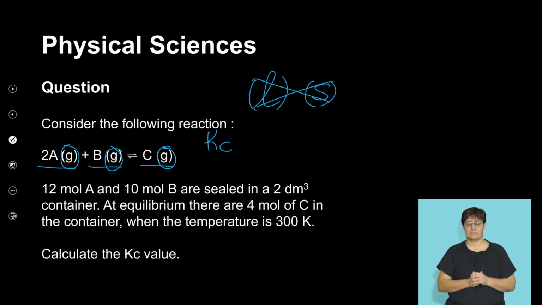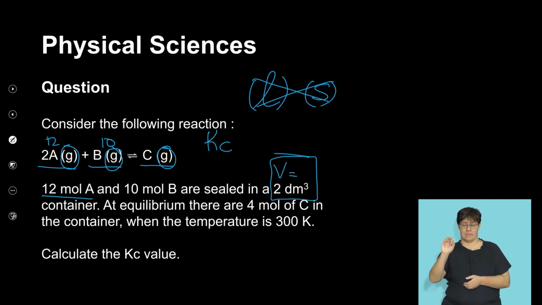They say to us further that we have 12 mole of A and 10 mole of B in a sealed container, and they give us the volume of this container. At equilibrium, there are 4 moles of our C in our container, and the temperature that this happens at is 300 Kelvin.